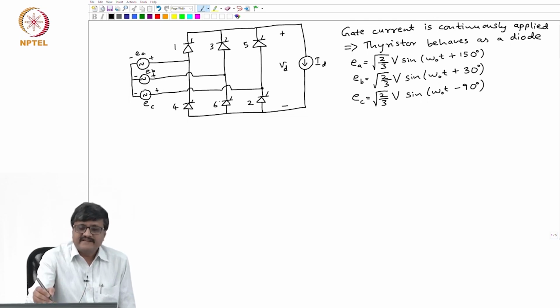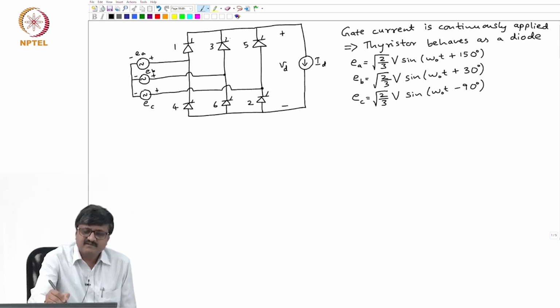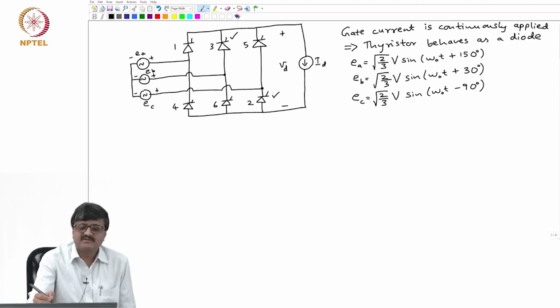So, the positive terminal of the DC side is connected to the positive terminal of EB through this valve 3, which is acting as a short circuit. What I am trying to say is, in the first interval 2 and 3 are conducting, so they are acting as short circuits. So, the positive terminal of the DC side is connected to the positive terminal of the voltage source EB through valve 3.